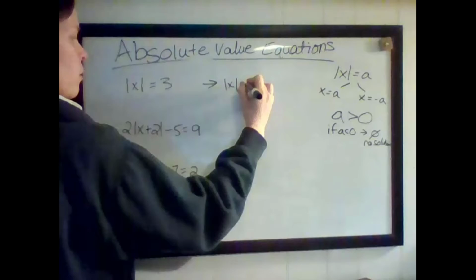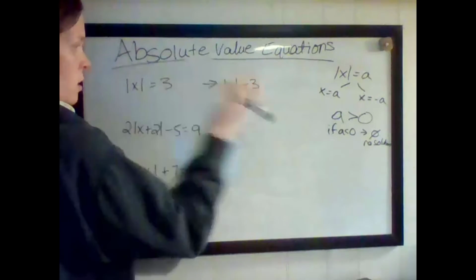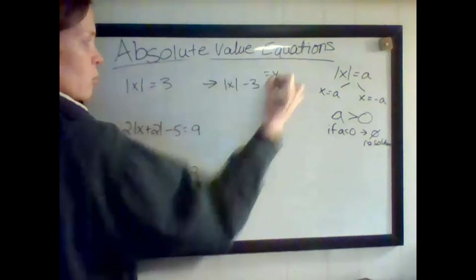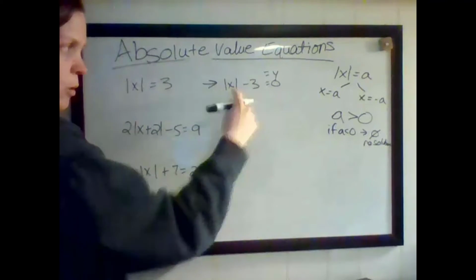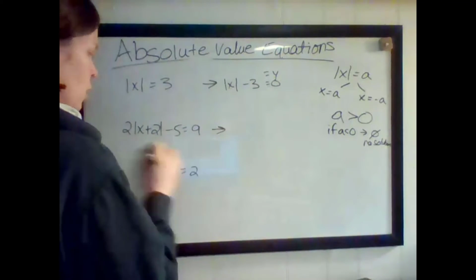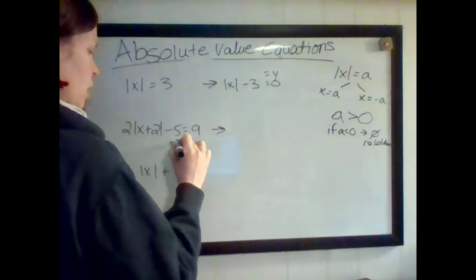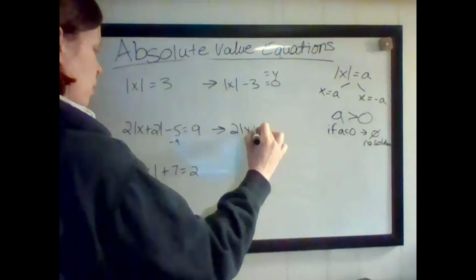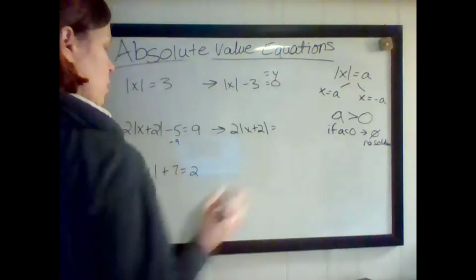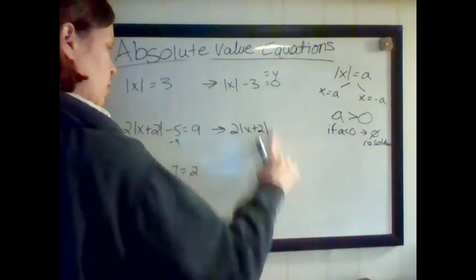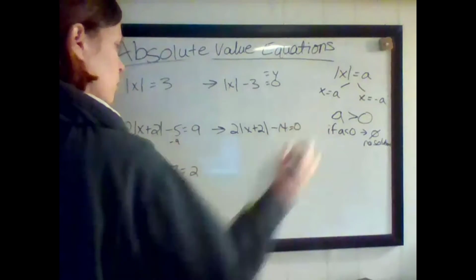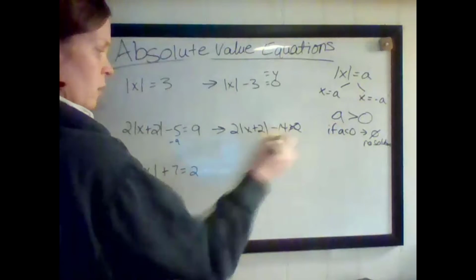Switch this to absolute value of x minus 3, equal to y, because what we're interested in is where we cross the x-intercepts. For this one, if I move the 9 over, I'm going to have 2 absolute value of x plus 2 minus 14 equals 0. I'll just have to put this in.